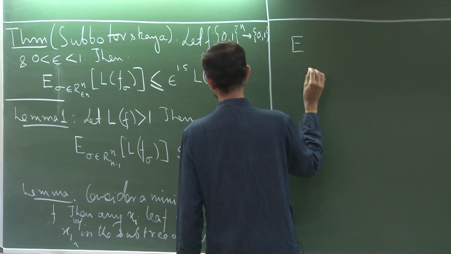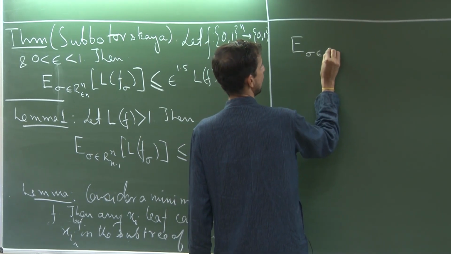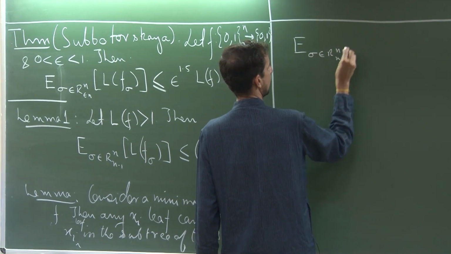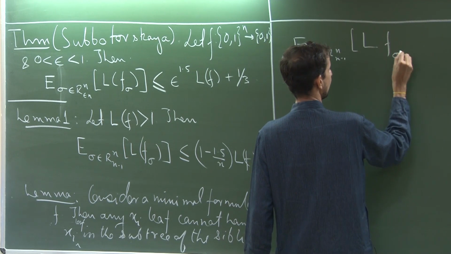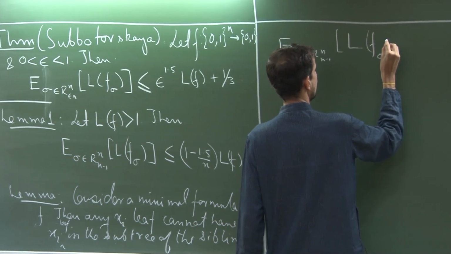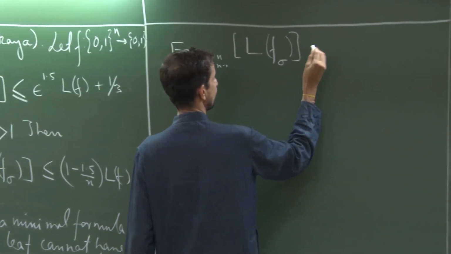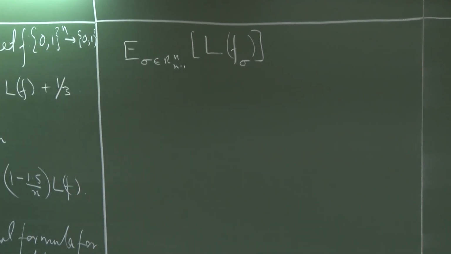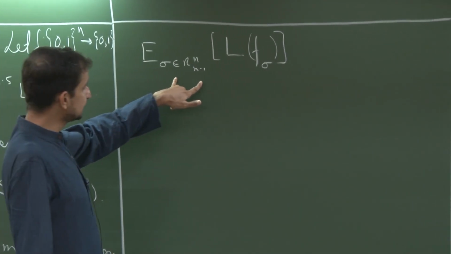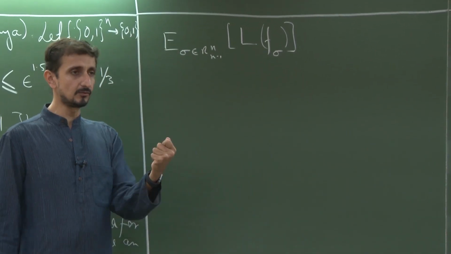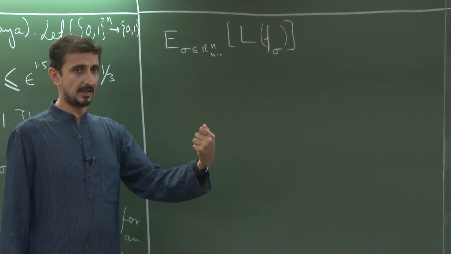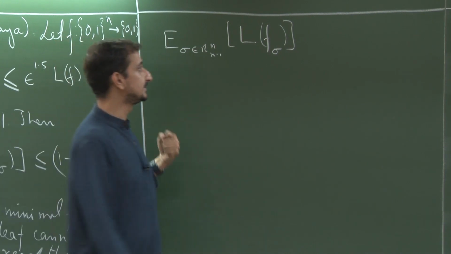What this means is that the expectation is over some variable, and each variable can take a value 0 or 1.